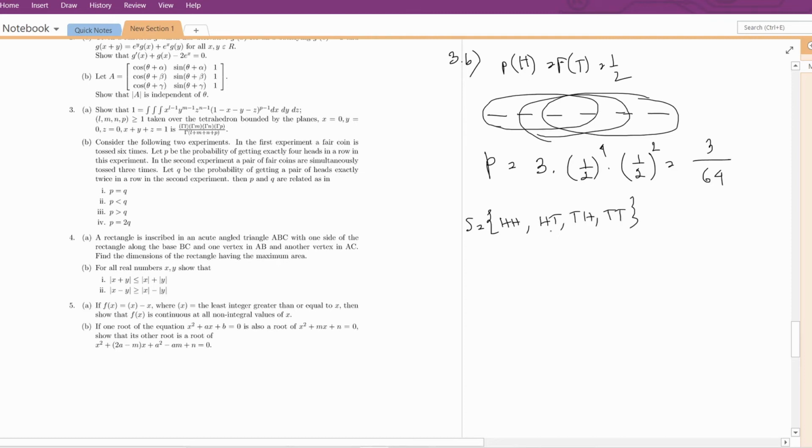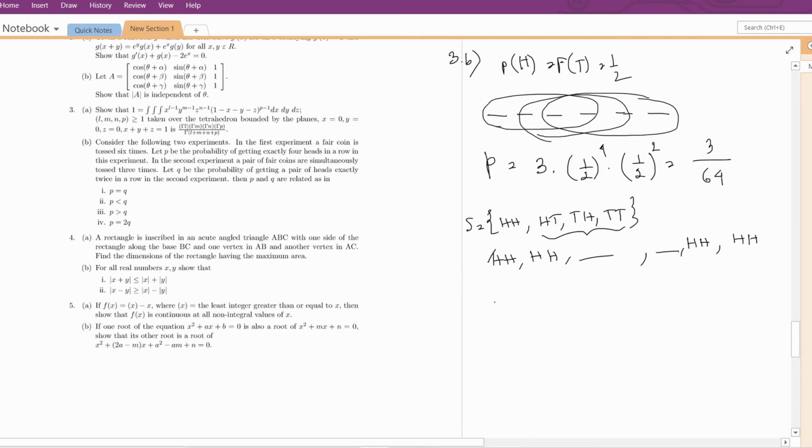The probability Q is of getting a pair of heads exactly twice in a row. So either the first time it can be HH, and the second time it will be HH, and the third time this will be anything among the other 3. And the second case will be the first can be any of these 3 and the other 2 are simultaneously HH and HH. So there are 2 cases here.